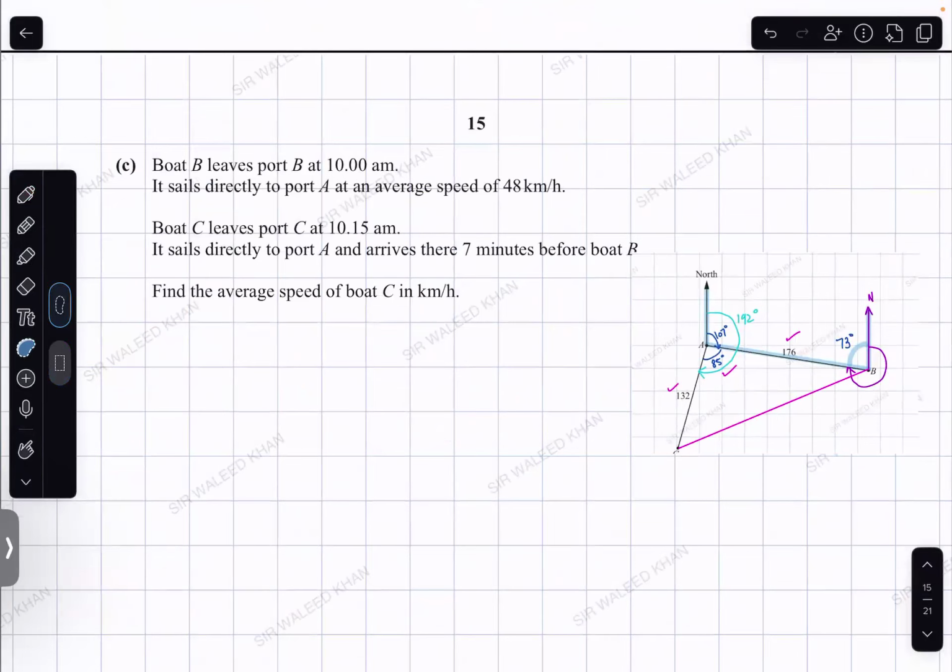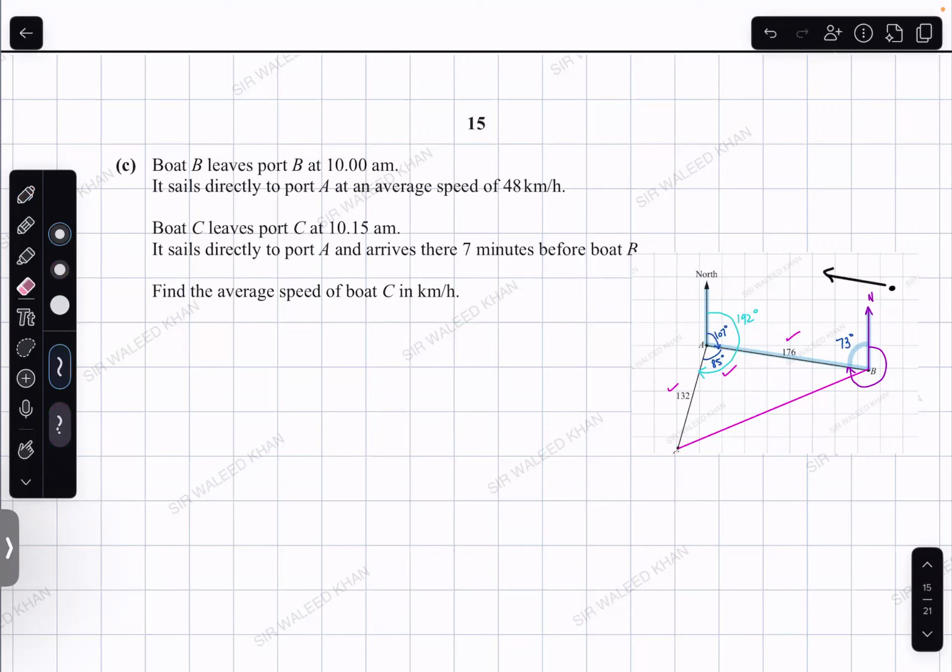So they're saying boat B leaves port B at 10 a.m. So let's say this is the boat and it leaves port B. And where is it heading?